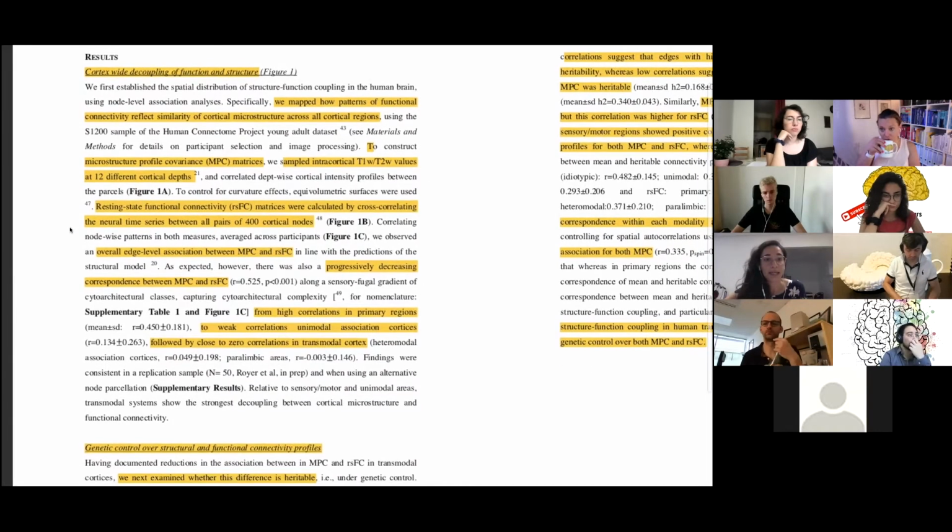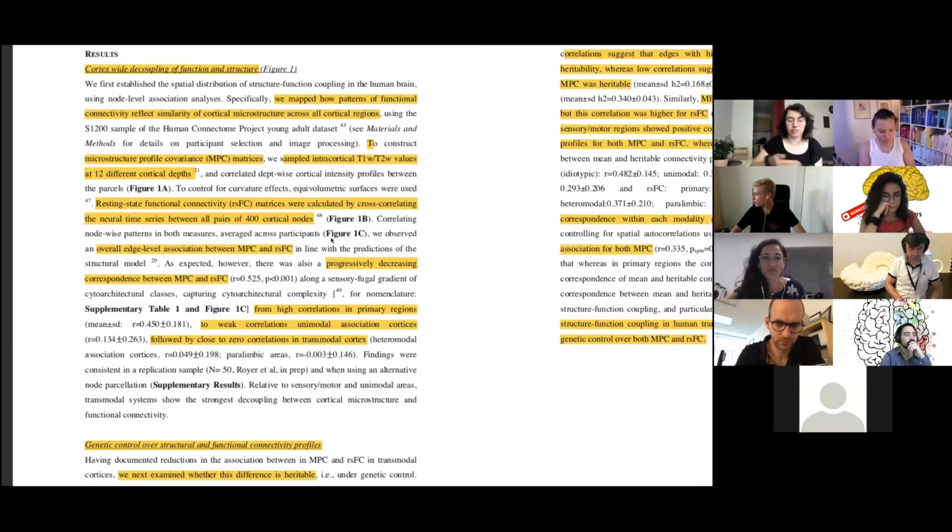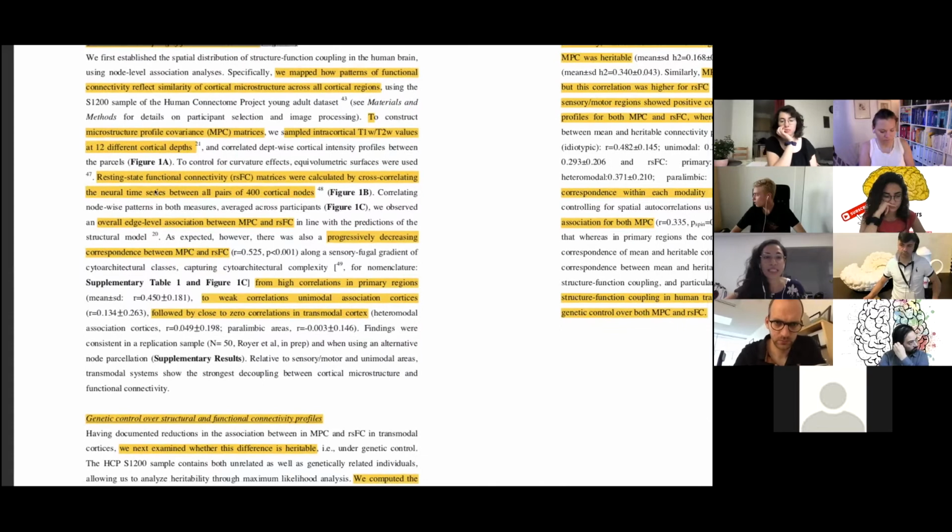And then for the functional connectivity part, the authors calculated resting state functional connectivity matrices. I will refer to these two as structure matrices and resting state matrices along the study. They computed these resting state matrices by cross-correlating the neural time series between pairs of 400 cortical nodes.